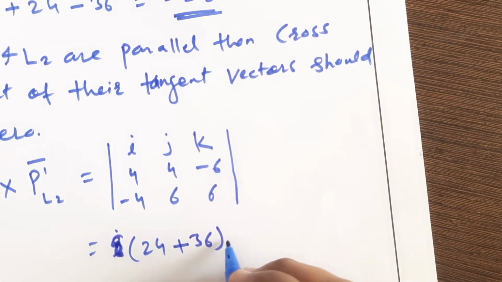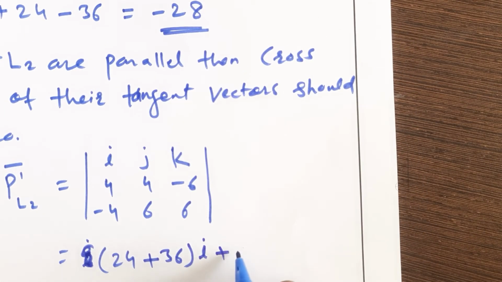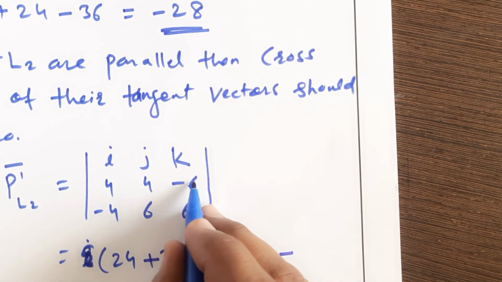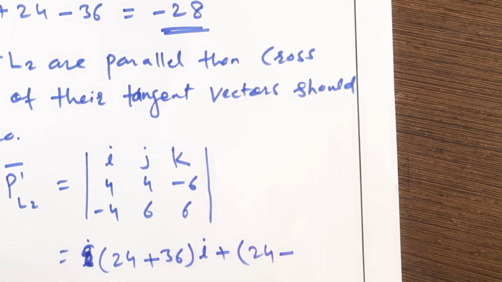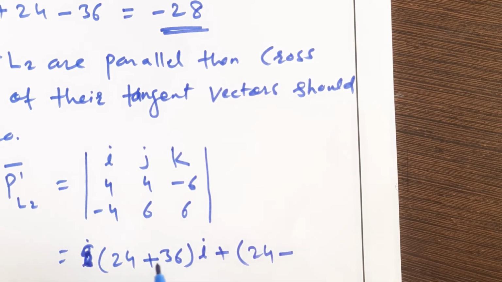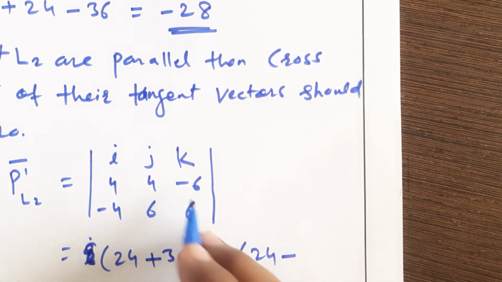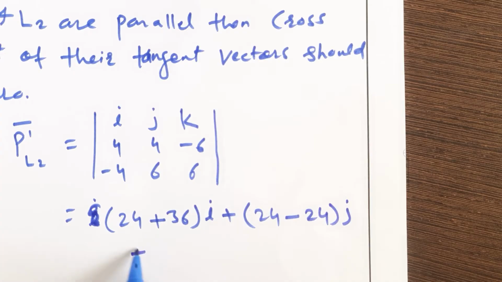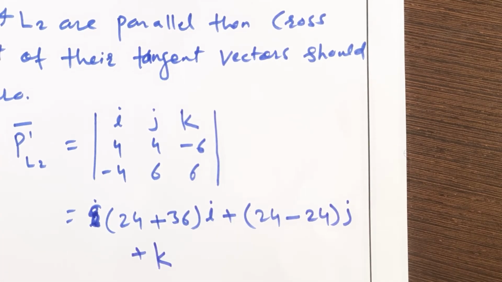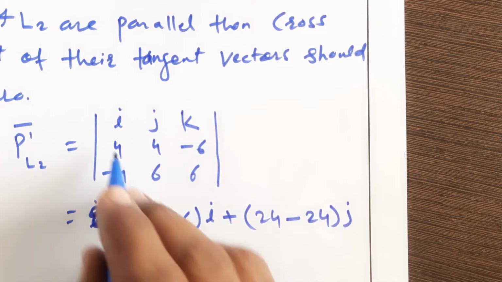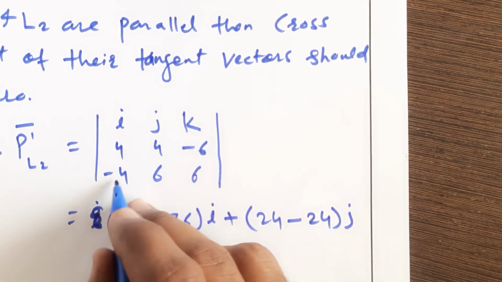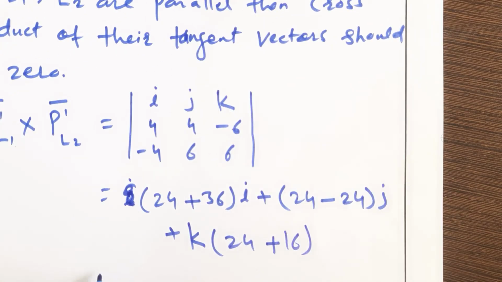Then for j, 4 into 6 is 24, and minus 6 into minus 4 is 24, so with the minus sign outside it is 24 j. Then for k, 4 into 6 is 24, and minus 4 into minus 4 is plus 16.